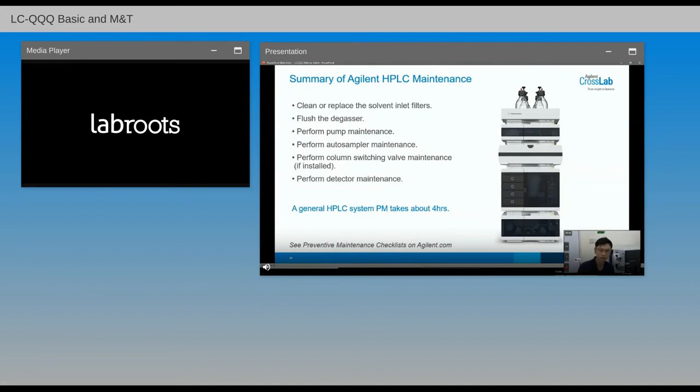And we should actually take a look at also the solvent inlet filters that are in the bottles. Flush the degasser, perform the pump maintenance either on a half yearly or even a yearly basis.